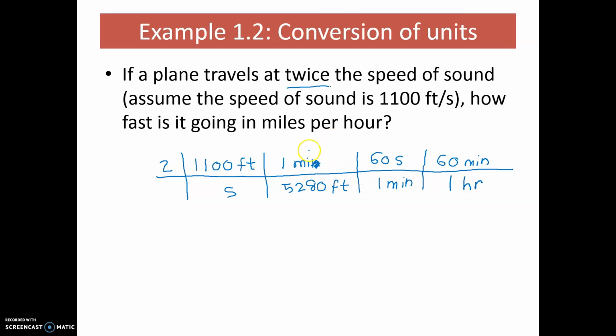What we need to do is cancel out the units. Feet, we already cancel like this, and for seconds here, for minutes here. After we have done this, the final answer will be 1,500 miles per hour. So this is the way to do it.